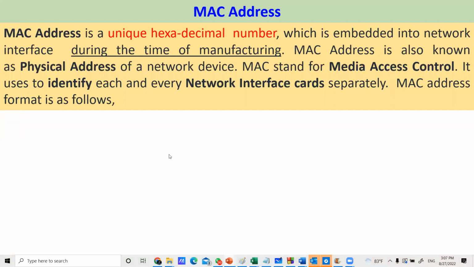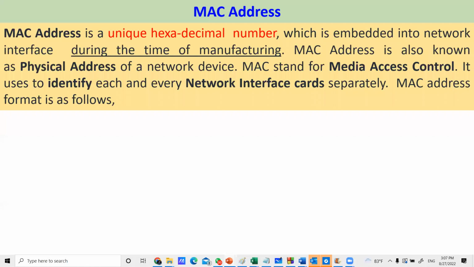Right. The MAC address. First, trying to get some idea about the MAC address. MAC stands for Media Access Control. Normally MAC addresses are available with the network interface card. A MAC address is a unique hexadecimal number. Each and every network card has this MAC address.